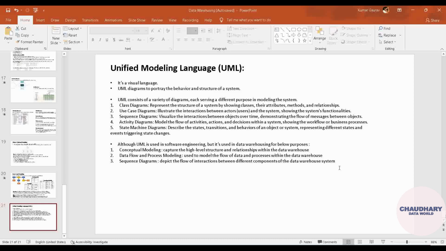If I go that deep, the video will also go long, and for the scope of this data modeling series, it is not required. I've just given you the overview of what Unified Modeling Language is and how it is used in our data warehousing concept. So this was the whole thing.